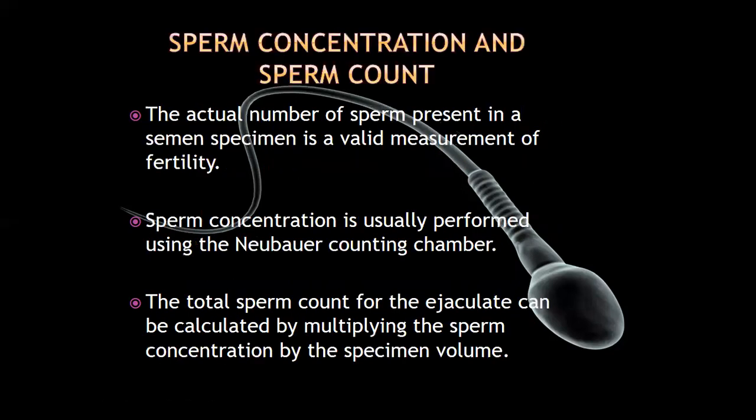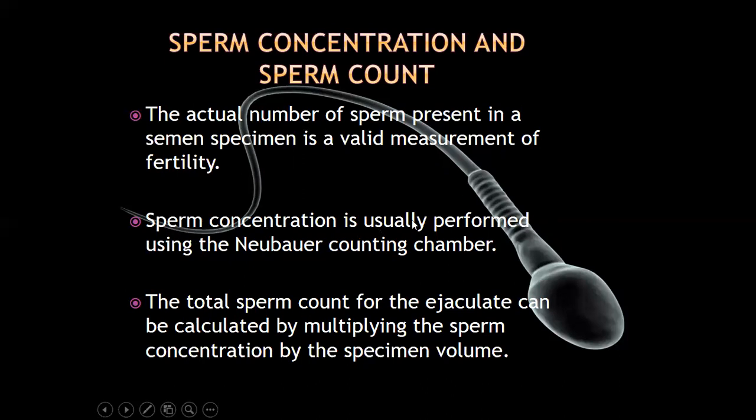So, sperm concentration and sperm count. In these parameters, we note the actual number of sperm present in the semen. Sperm concentration is usually performed using a specialized equipment we call the Neubauer counting chamber.